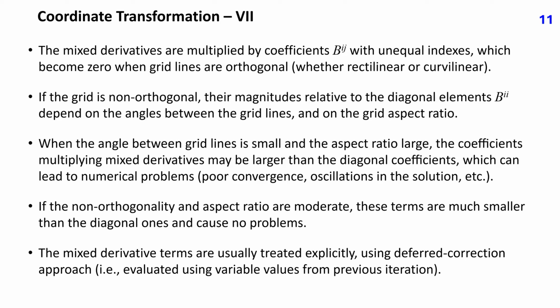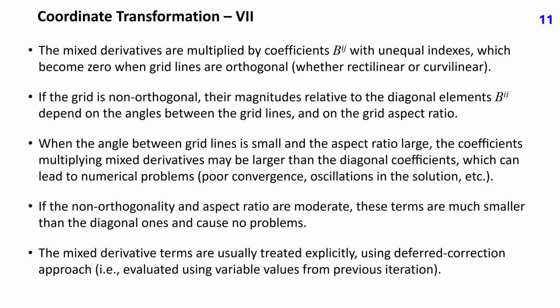If the grid is non-orthogonal, their magnitudes relative to the diagonal elements Bii depend on the angles between the grid lines and on the grid aspect ratio. When the angle between grid lines is small and the aspect ratio large, the coefficients multiplying mixed derivatives may be larger than the diagonal coefficients, which can lead to numerical problems, poor convergence, oscillations in solution, etc.